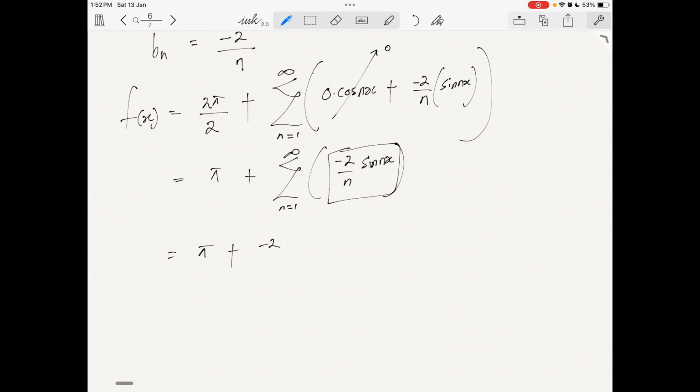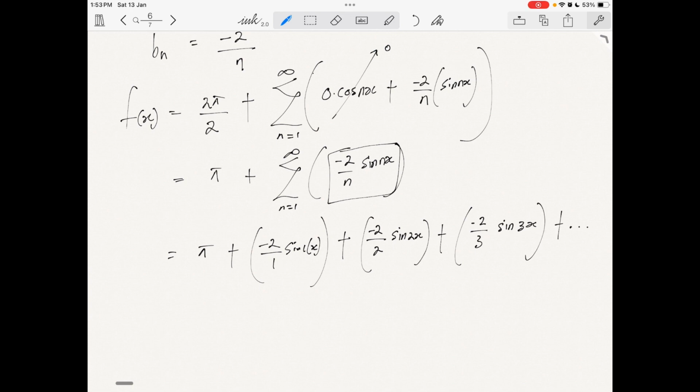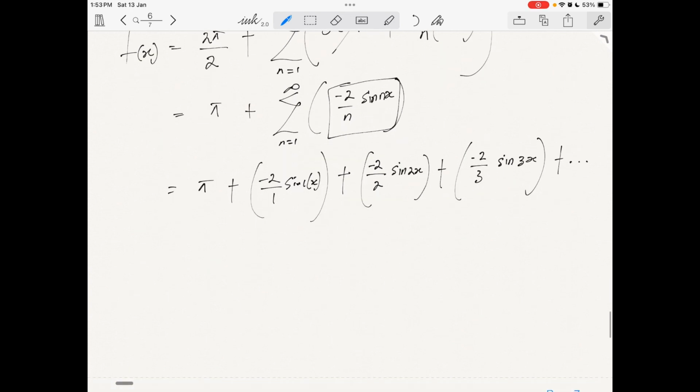So plus minus 2 over 1 sine 1x plus, whenever n is equals to 2, minus 2 over 2 sine 2x plus, when n is equals to 3, minus 2 over 3 sine 3x, and it continues in that order.